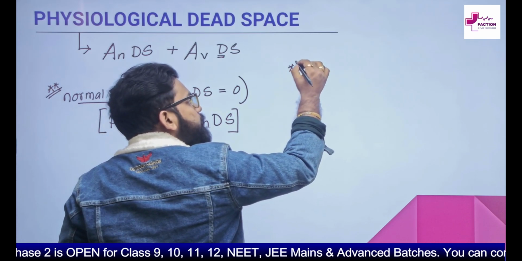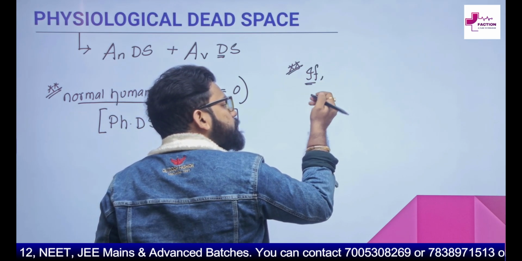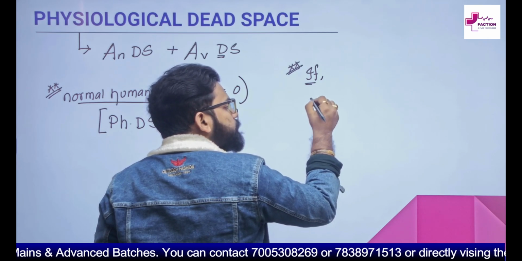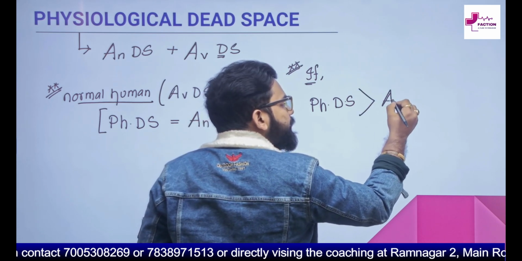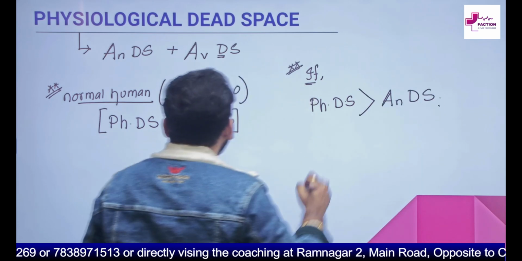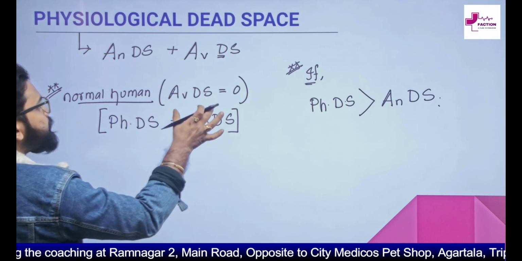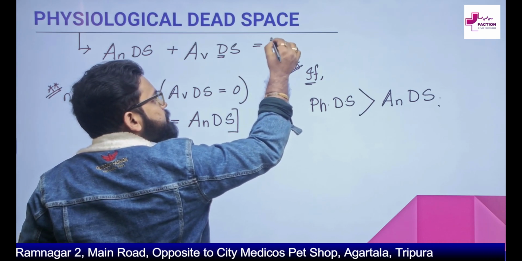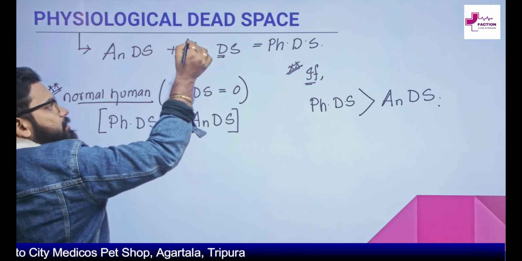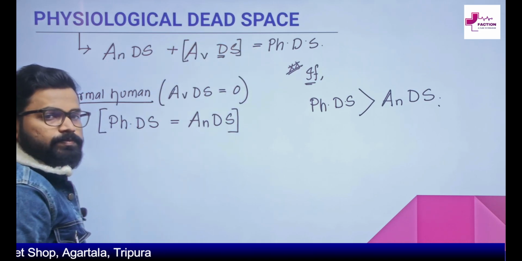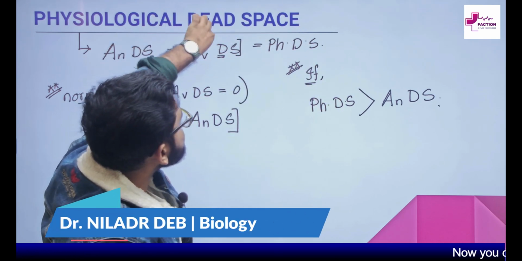Say, if we see the same thing in a different way, if physiological dead space is more than anatomical dead space, what does that mean? This means this alveolar dead space is not equal to 0. If physiological dead space is more than anatomical, this means this has some value.